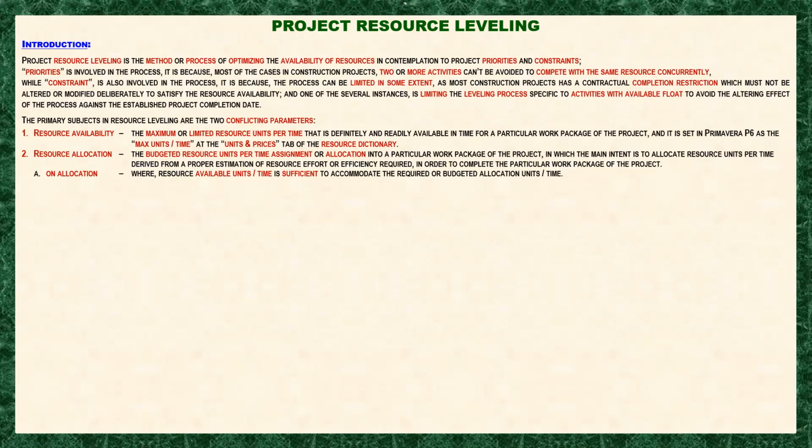So meaning that is just the exact number of available units with the allocation units. Okay, meaning no more, no less. Your estimate is that you need 10 labor per day for that activity, and you also have an available 10 laborers per day. So that means you are on allocation.